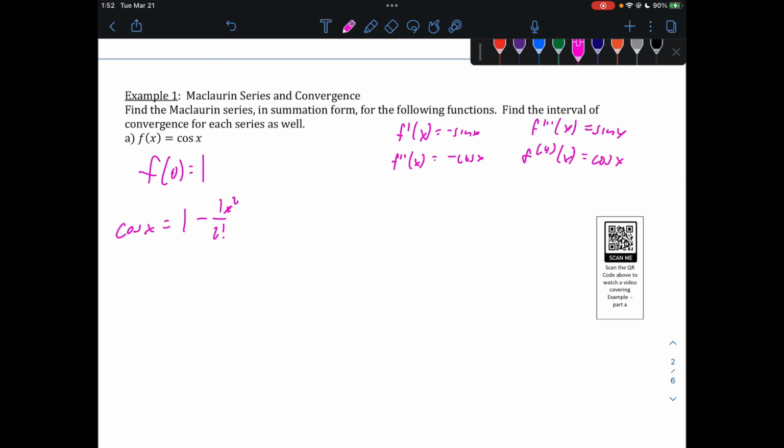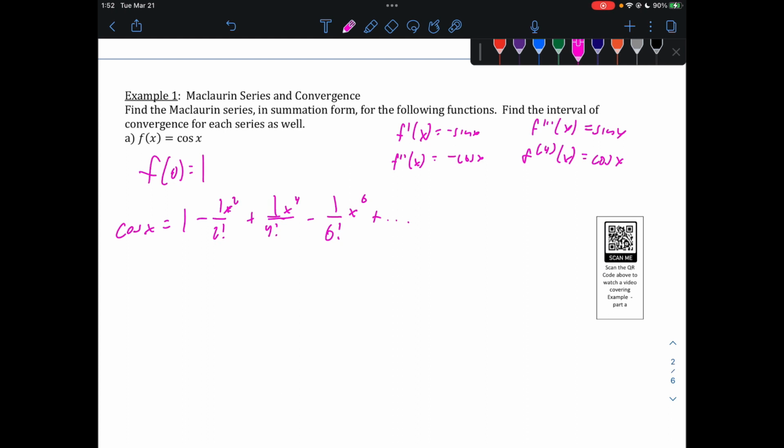The next term would again be using sine, so that would be 0. Sorry, the fourth term would be 0. And the fifth term would be using cosine again, so that one's going to be plus 1 over 4 factorial times x minus c to the fourth, or x to the fourth. You can see the pattern developing here now, right? The next term is going to be minus 1 over 6 factorial x to the sixth, and so forth.